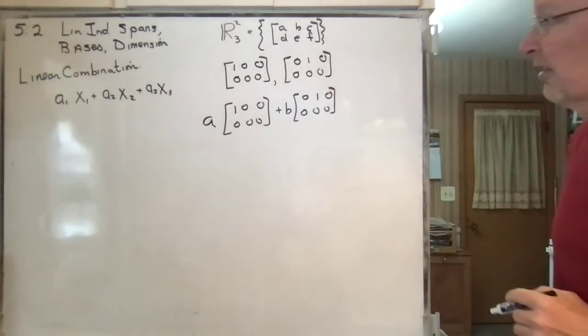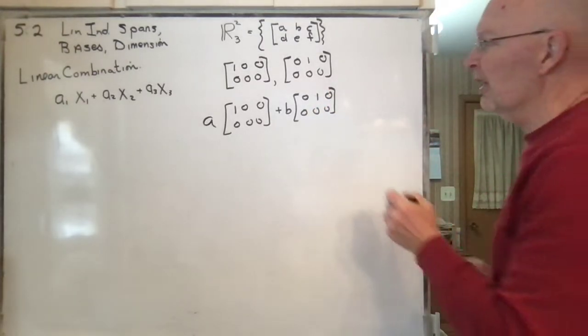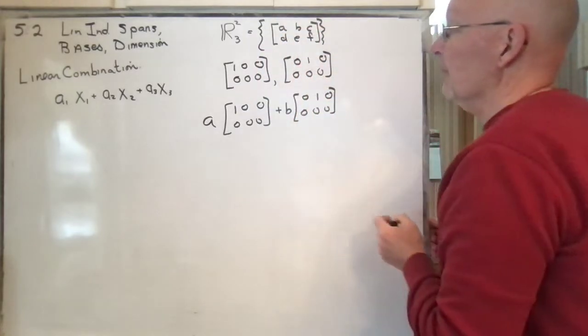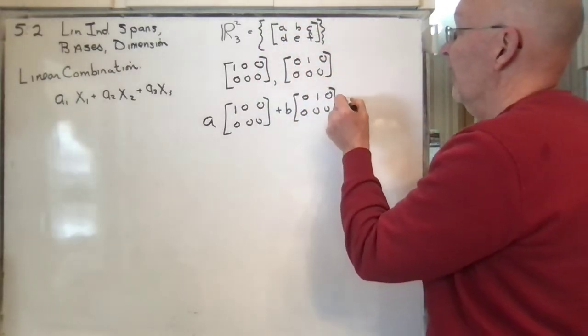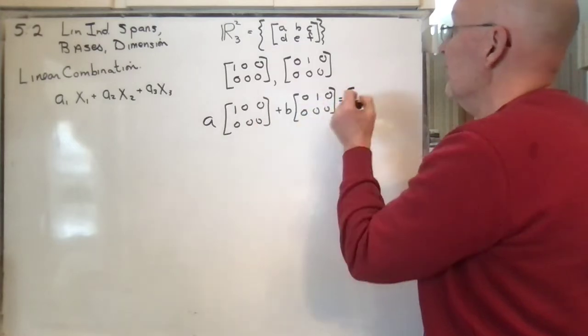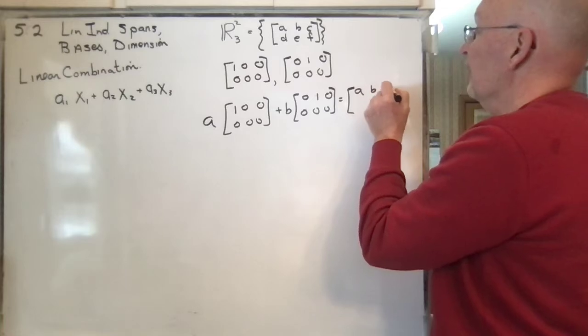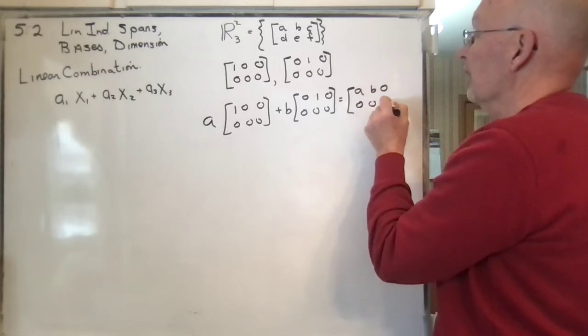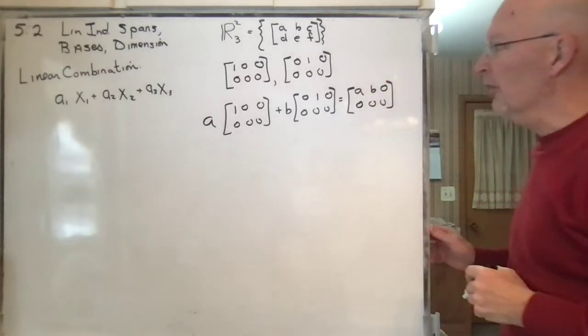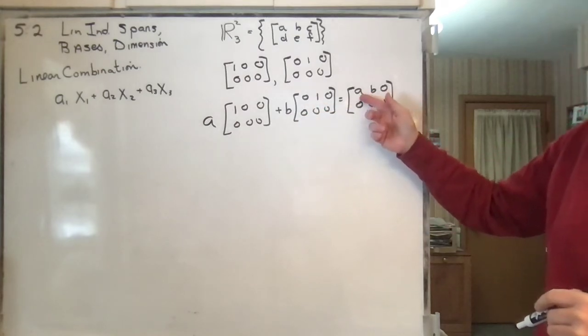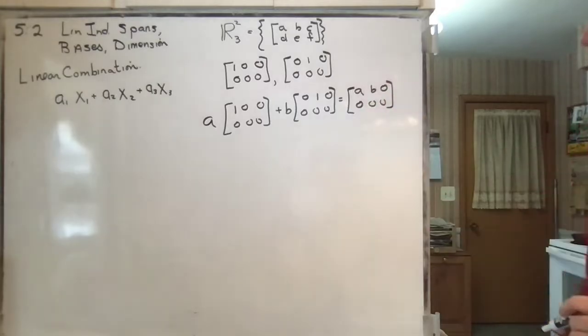Do you agree that I'm going to get all the 2 by 3 matrices that have an A in the first spot and a B in the second spot and zeros elsewhere? It's going to be all the things that look like this. So this could be anything, this could be anything, and zeros everywhere else.